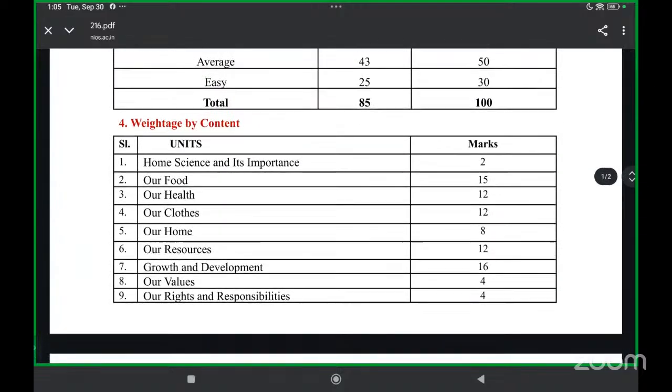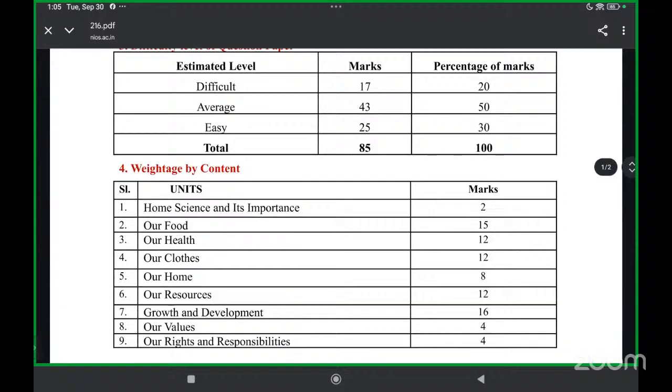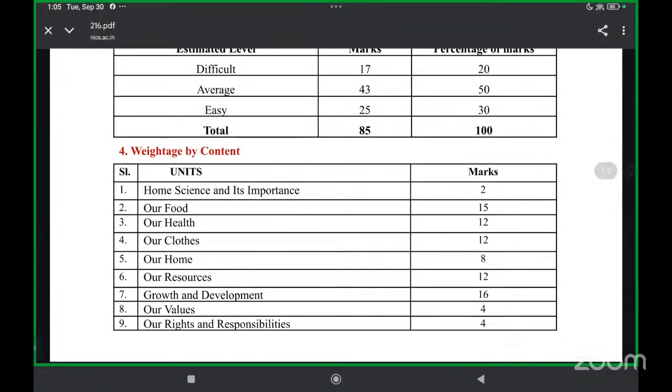So these are the units that you are getting in the paper, not the chapters, units, and how many marks will come from each unit.